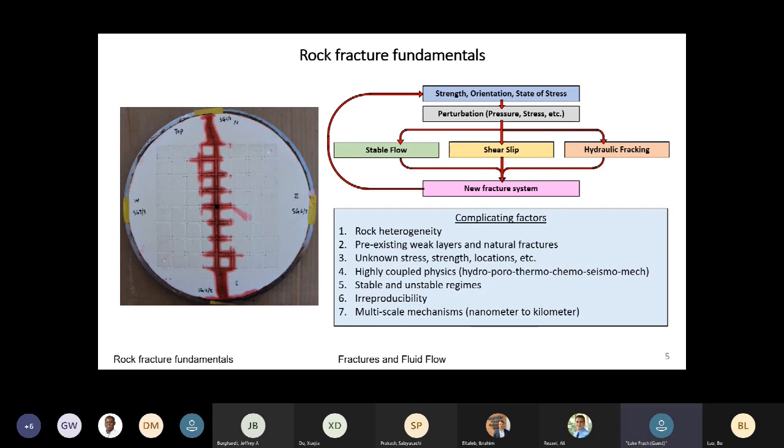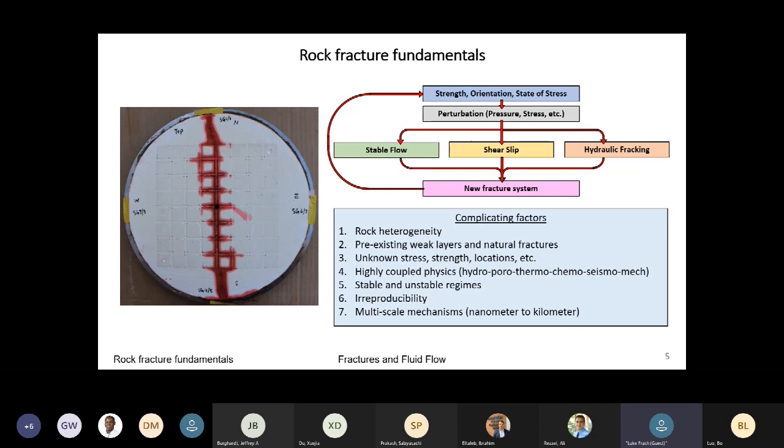So you'll have a regime of stable flow, where if you inject at a slow rate, the pressure will never get that high, because the rock formation will be able to accommodate that fluid without raising the pressure, and the flow will just leak off. Conventional oil and gas, basically.